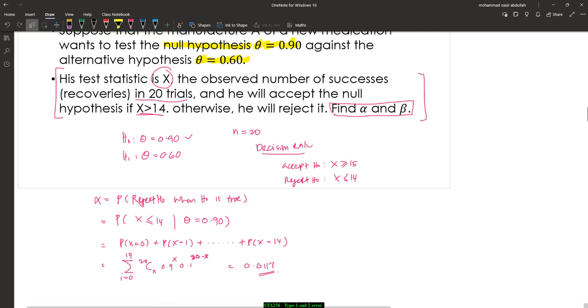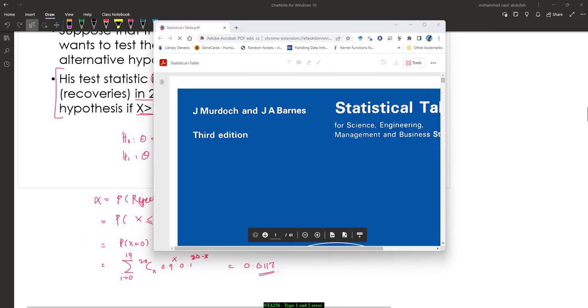If you want to look into a statistical table, wait, let me take out Google Classroom. You all have the statistical table, right? I have already put it in Google Classroom, you can take a look.